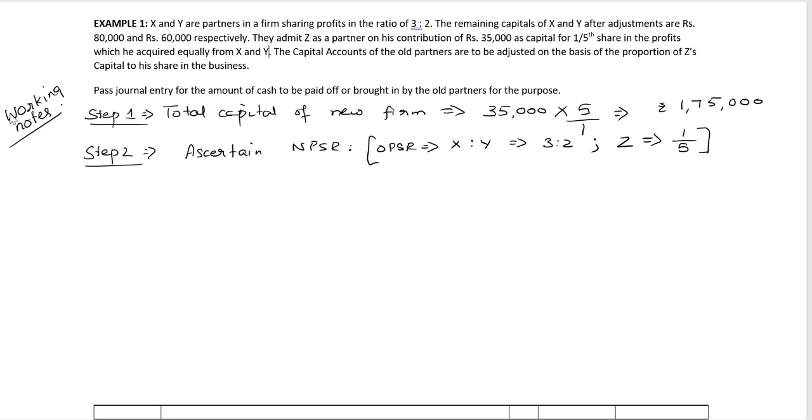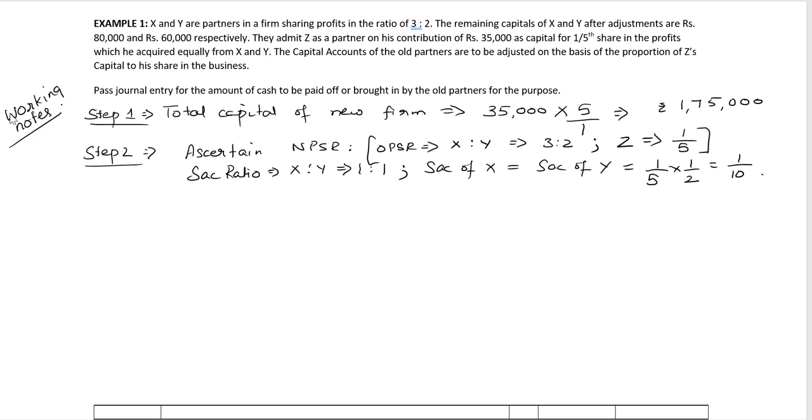Now, this statement says they admit Z as a partner for 1/5 share in profits, which he acquired equally from X and Y. So the sacrifice ratio between X and Y is equal. So it's 1:1. Hence, the sacrifice of X equal to the sacrifice of Y is equal to 1/5 multiplied by 1/2, or in other words 1 divided by 10.